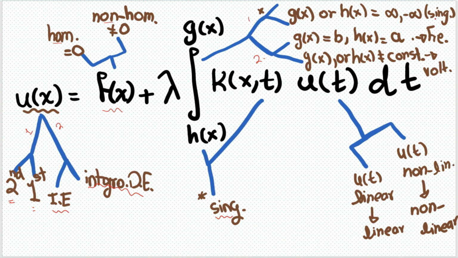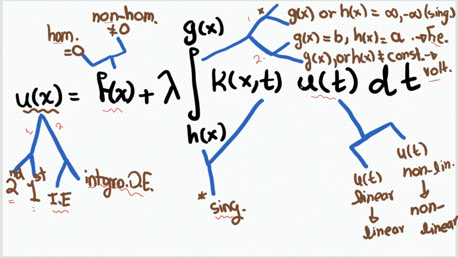Otherwise, it's a non-singular integral equation. Looking at the limits of the integration, if h of x equals a and g of x equals b, where a and b are constants, then it's a Fredholm integral equation. What if g of x or h of x is not constant, which means one of them is variable? Then it's a Volterra integral equation.